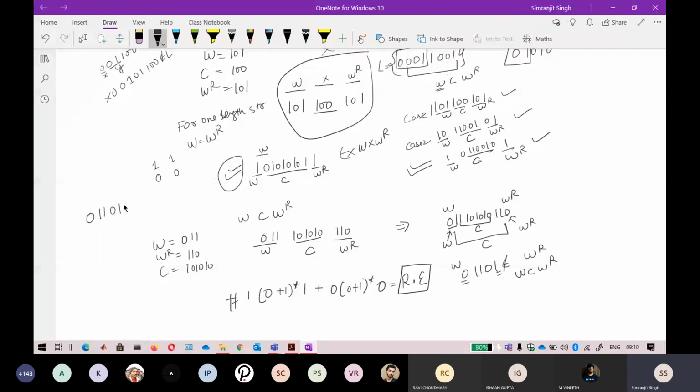If I take this one as W and this one as WR, and I go in a different way, and you are not able to find a WR, then clearly you will be saying that this language does not belong to WCWR, because you are not able to find the W.